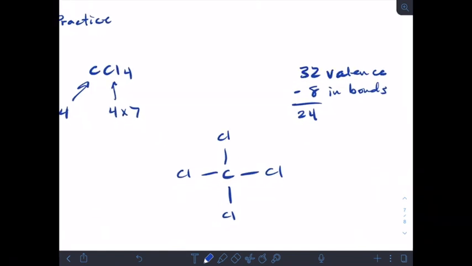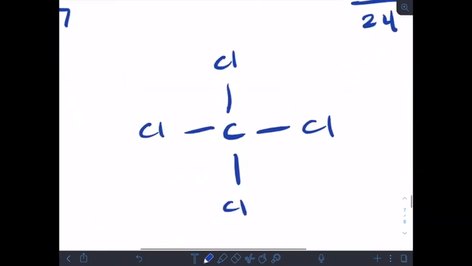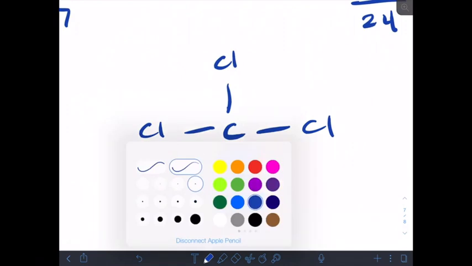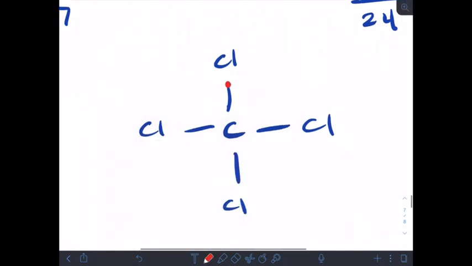So let's go ahead and do that. Let's zoom in a little bit and evaluate before we move further. Right now, each one of these chlorines has access to 2 electrons. So in order to give that chlorine 8 electrons, I'm going to put 6 more around it.